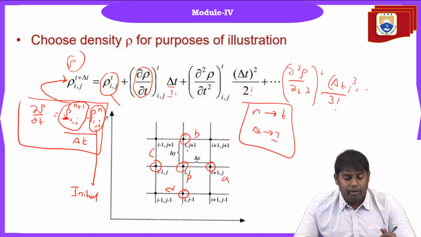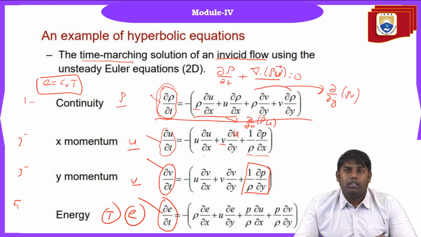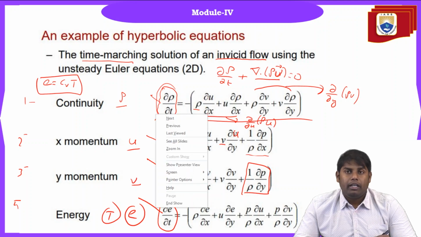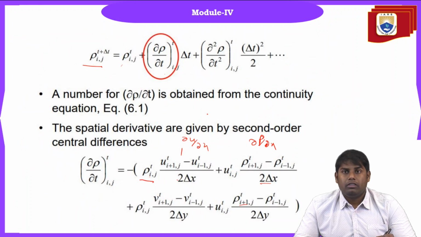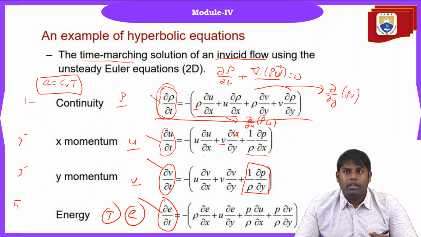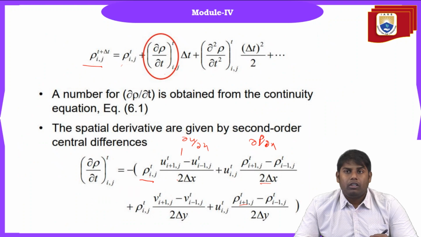So here, ∂u/∂x is nothing but u of i+1, j minus u of i-1, j divided by 2Δx, plus u into ∂ρ/∂x. What is ∂ρ/∂x? Here we have ρ of i+1, j minus ρ of i-1, j divided by 2Δx. The remaining terms go on like that.